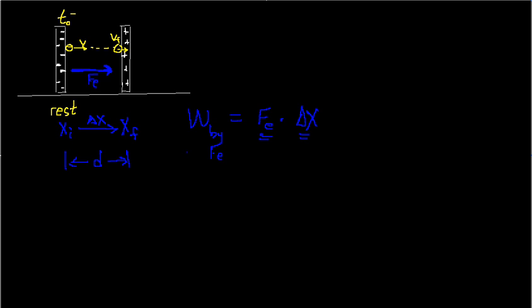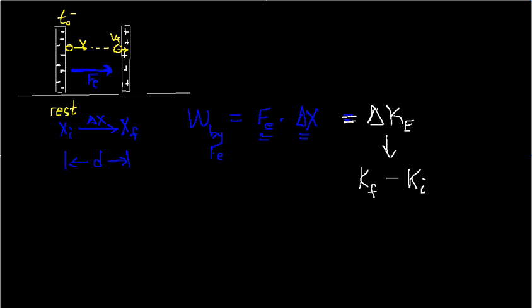But the work done by the force is going to do something to the kinetic energy of the electron. It's going to change it, because the net work done on an object, we said last time, is equal to the object's change in kinetic energy. So its change in kinetic energy is the final kinetic energy minus the initial kinetic energy.